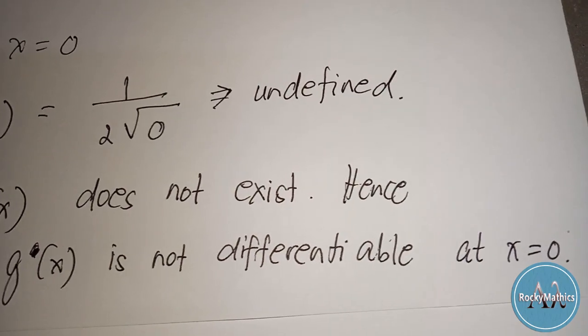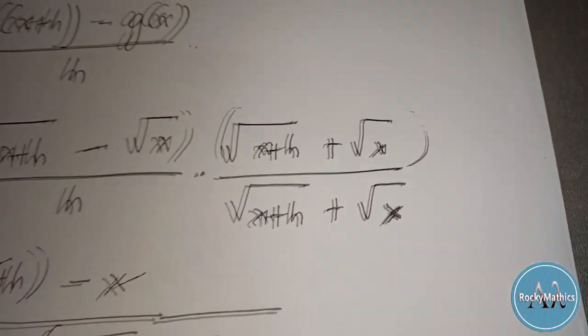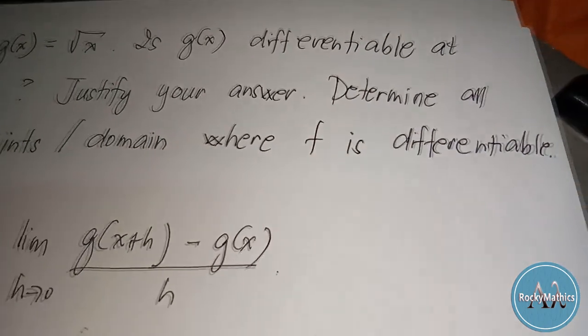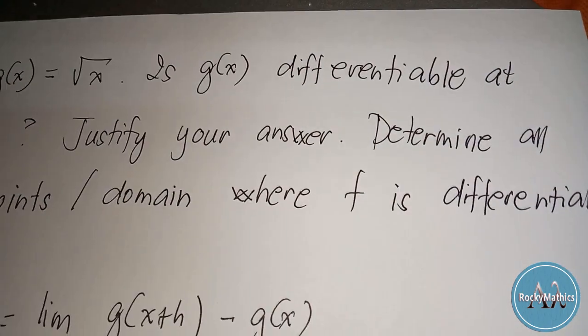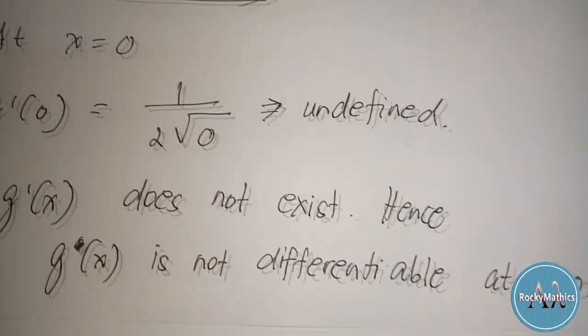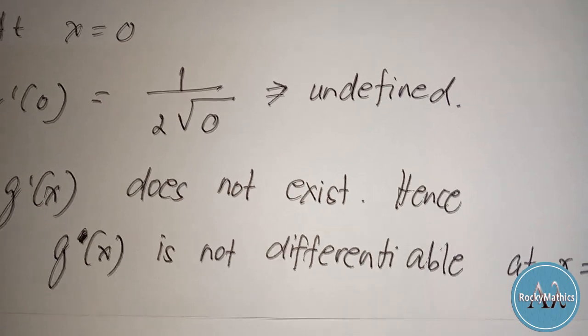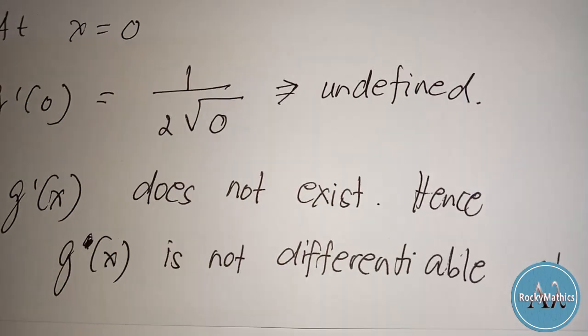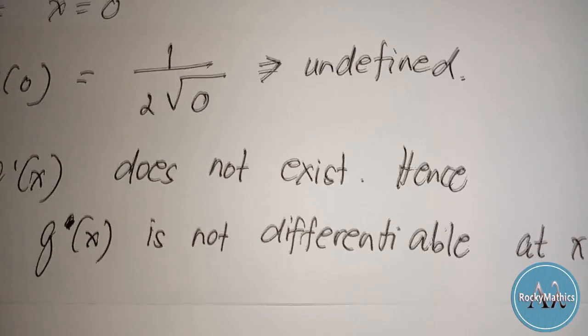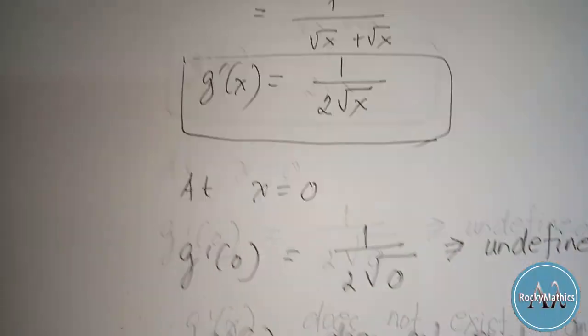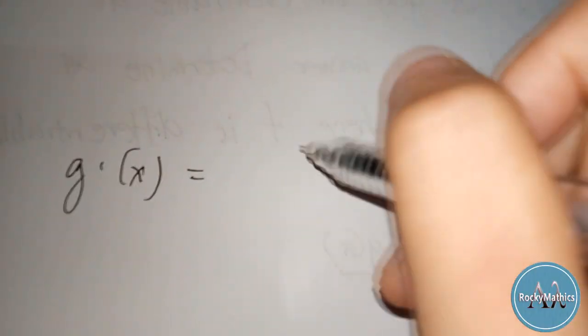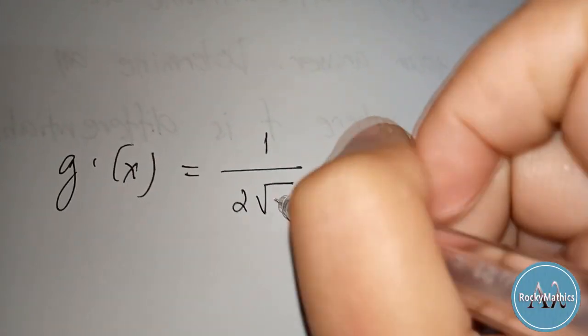The second one is to determine all the points or domain where f is differentiable. So what are the points that make the function differentiable? We have to determine the domain of g prime. So what's the domain? Take note that g prime of x is equal to 1 over 2 square root of x.